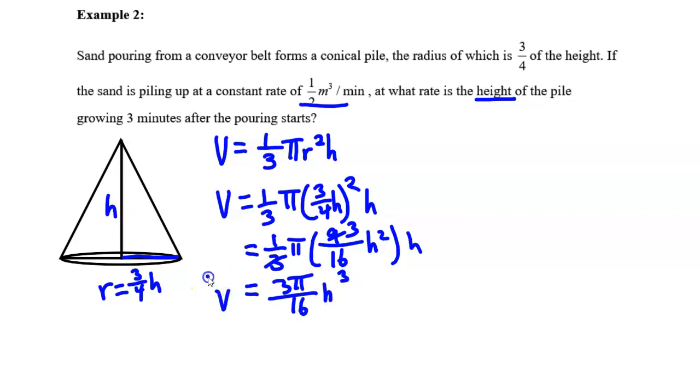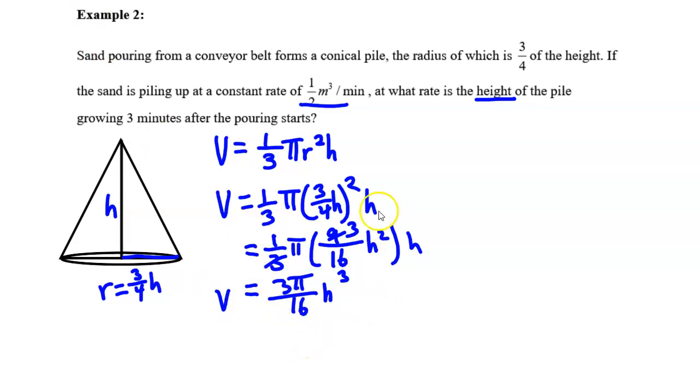That's the formula that relates the volume of this cone to its height. It's not going to be the same equation for every cone. It's specific to this cone, or any cone that has a radius equal to 3/4 of the height.